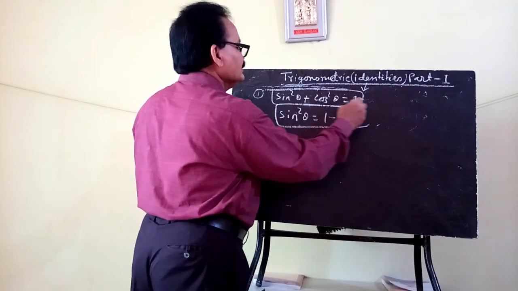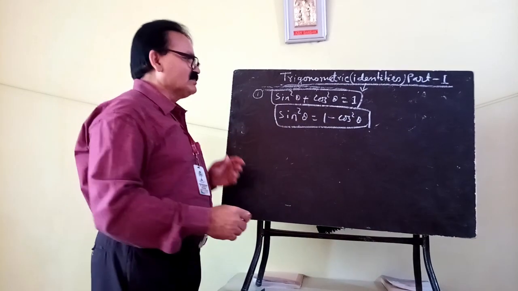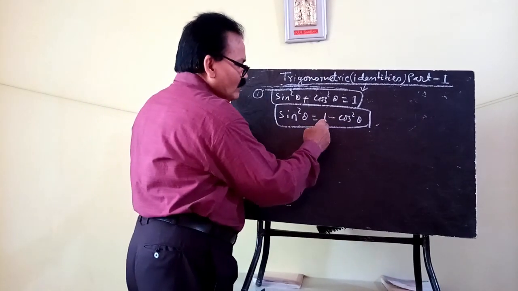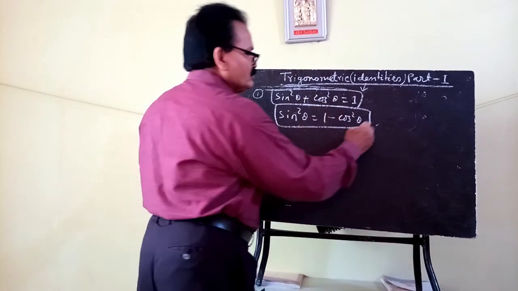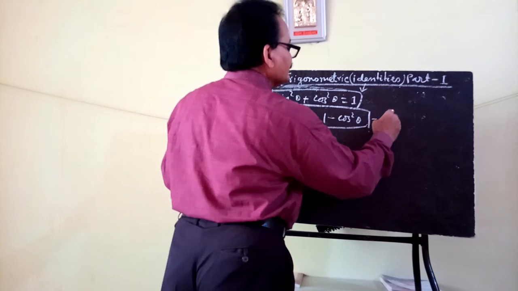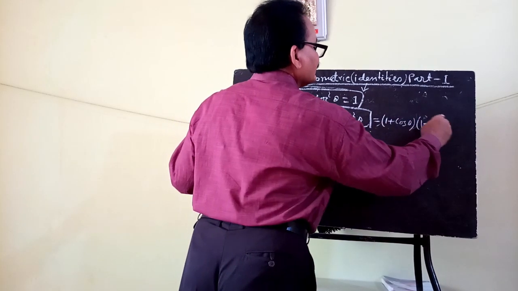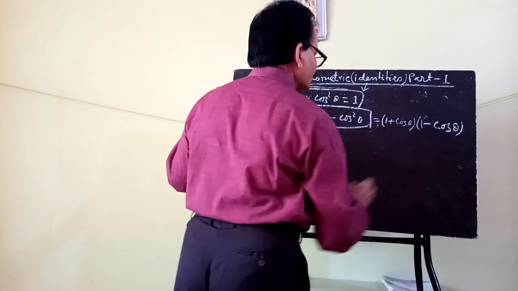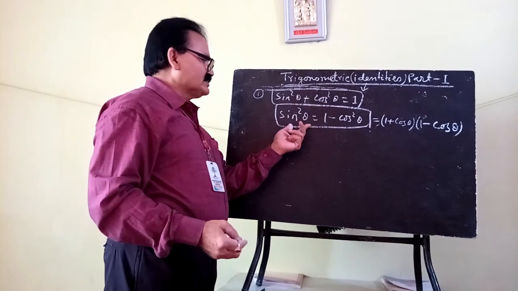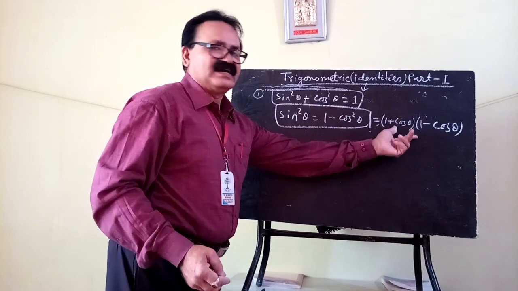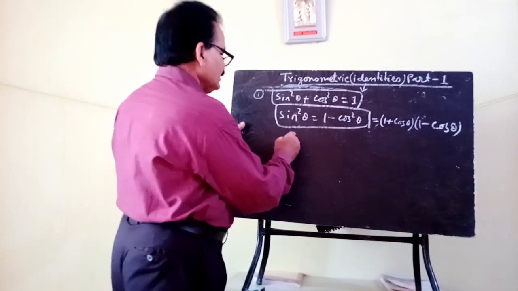Again you see, 1 can be written as 1 square and cos square theta as cos theta square. So this can be factorized as 1 plus cos theta and 1 minus cos theta. So whenever necessary, instead of sin square theta, you put those and then you factorize it. Then only you can proceed further.